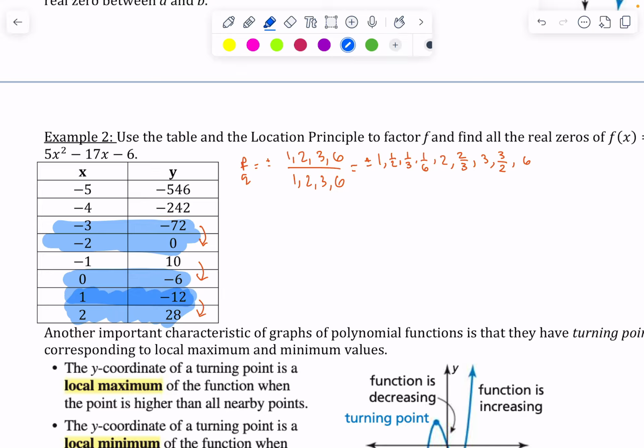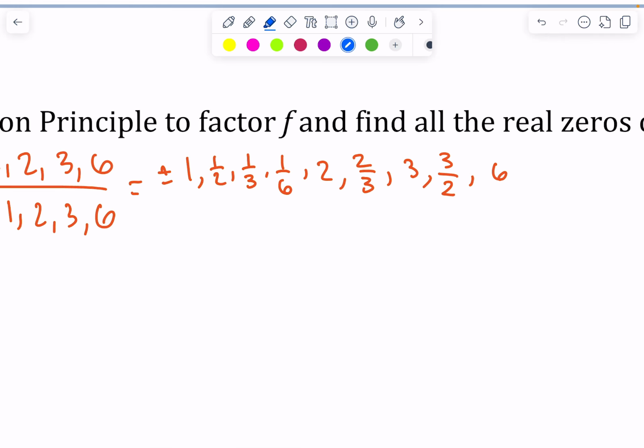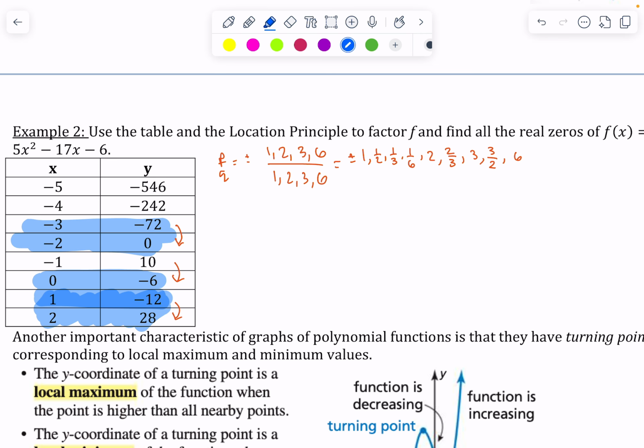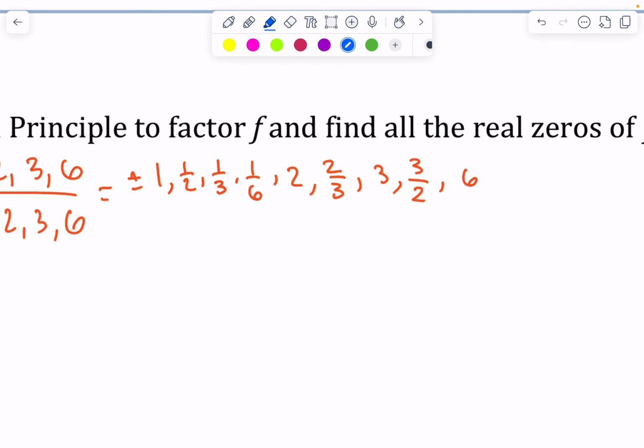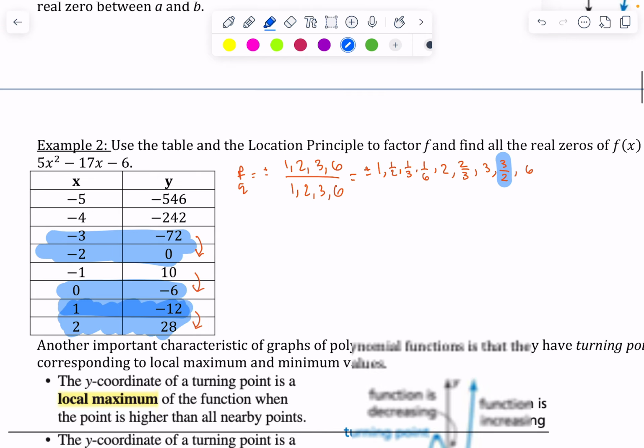Okay, so which fit into that description? I'm just going to pick one and go from there. So between 0 and 1, I feel like there's actually a lot more possibilities. So let's do between 1 and 2. Okay, numbers between 1 and 2, there's only 3/2. So that's the one I'm going to start with.